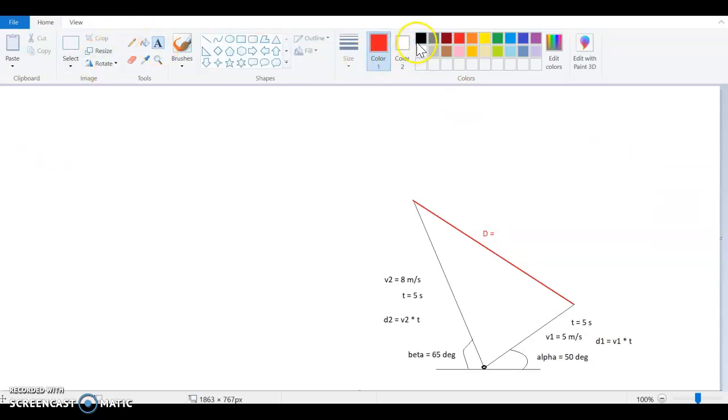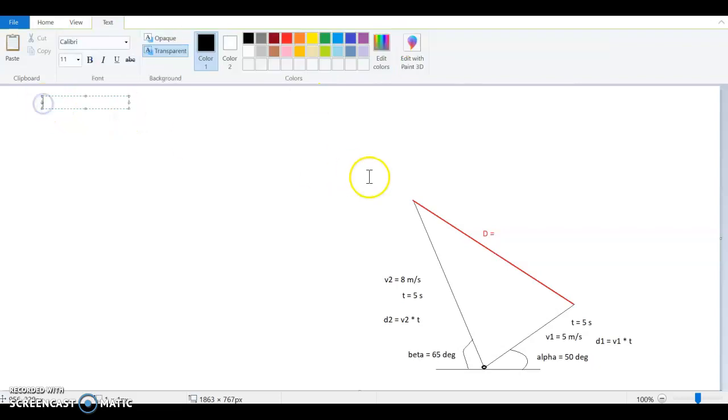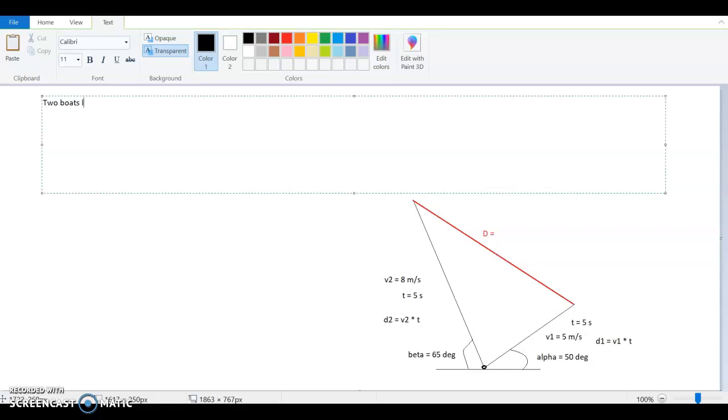So how are we going to put it in the command prompt? Let's say you're going to tell a story, right? In telling a story, you might say two boats leaving from the same point but in different directions.